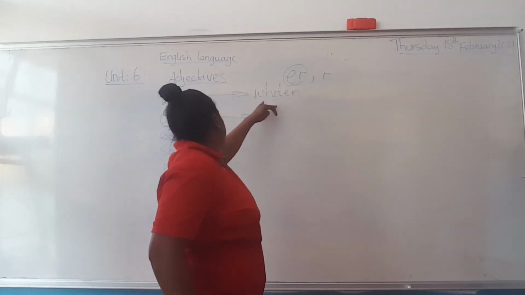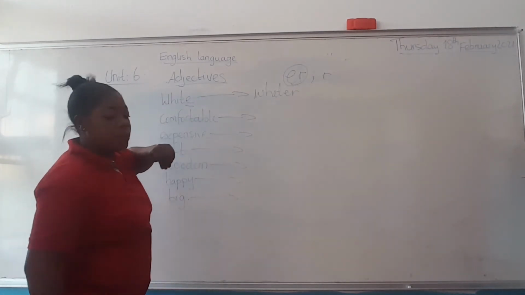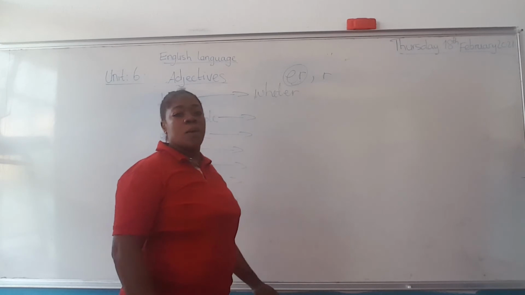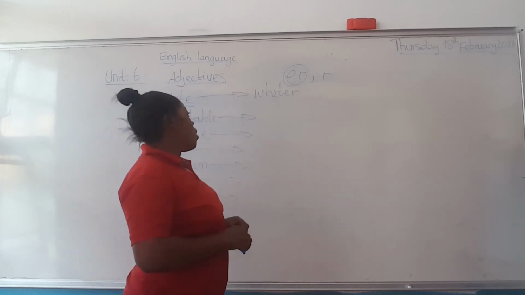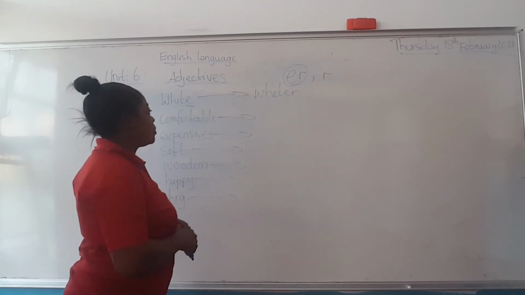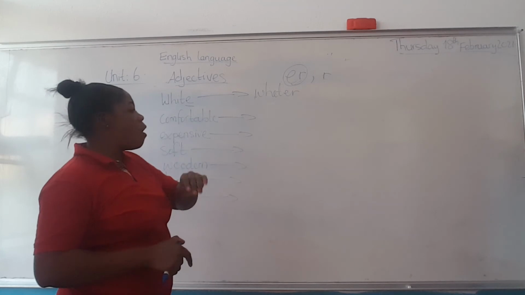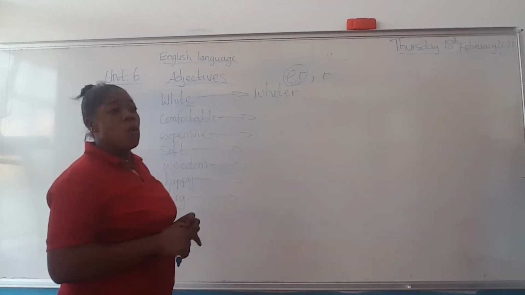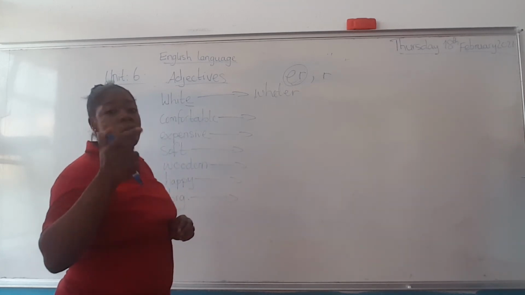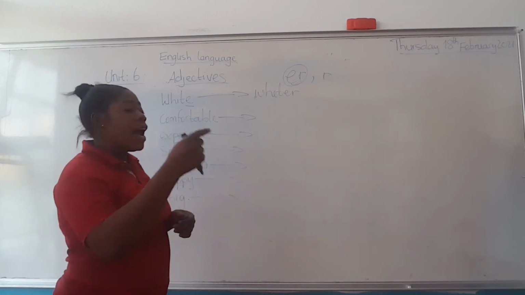Again. The second one is comfortable. What is the comparative form of comfortable? Comfortable is made up of 4 syllables. I say when a word has 2 or more syllables, we put the word more in front of the adjective.